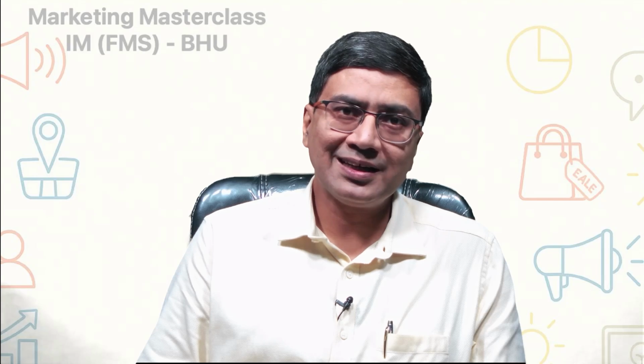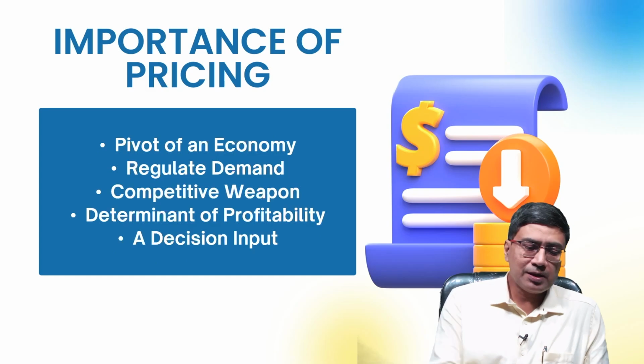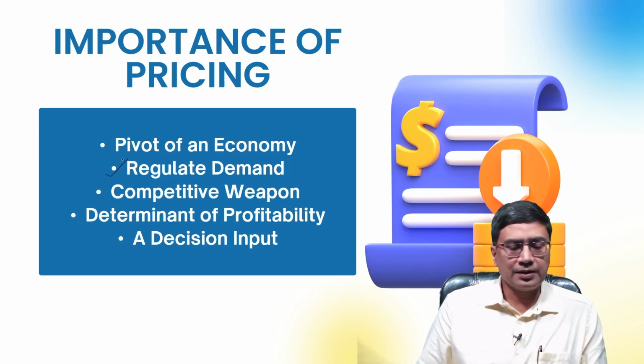So, in the case of India, the rate of inflation actually decides the RBI's monetary and fiscal policy. So, price is a crucial factor, not only affecting the organization, but capable of affecting the entire economy, which may have a macroeconomic effect. Similarly, it regulates the demand, that is quite natural, because as per the elasticity of demand, as the price increases, demand decreases. They move reciprocally, they move opposite to each other.